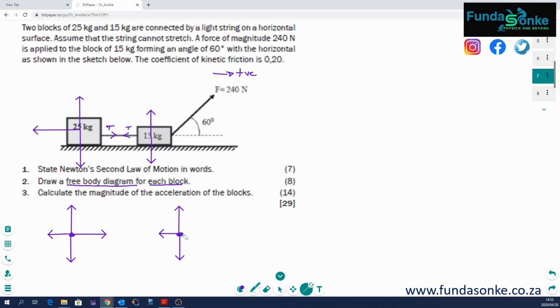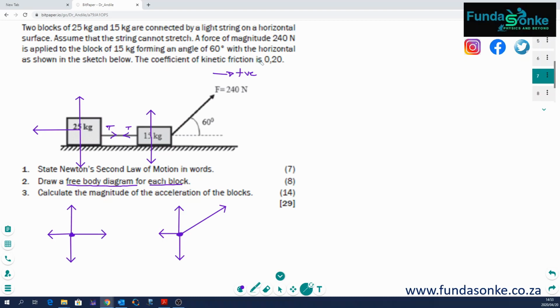Then I'll have my force at an angle of 60 degrees acting in that direction there.